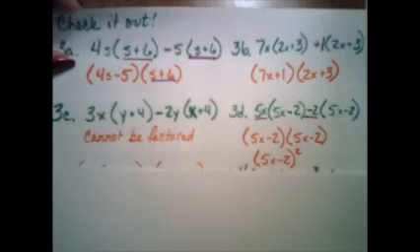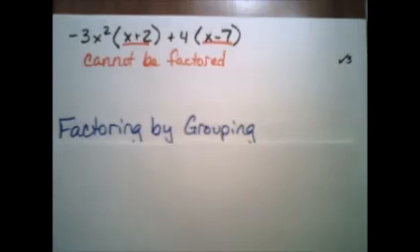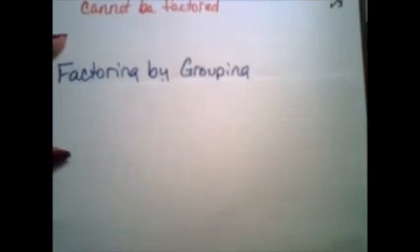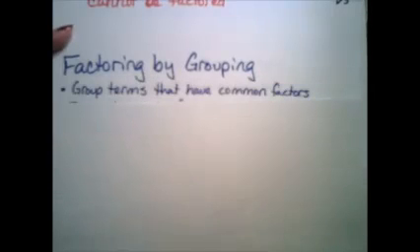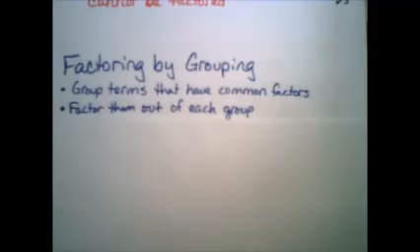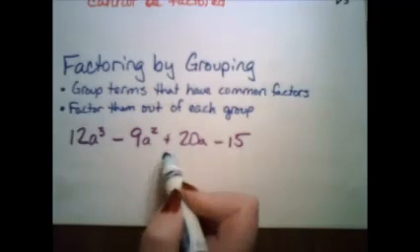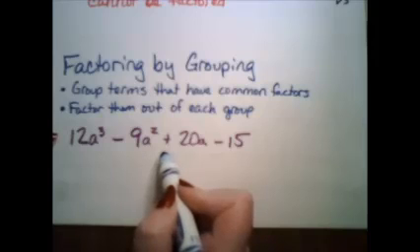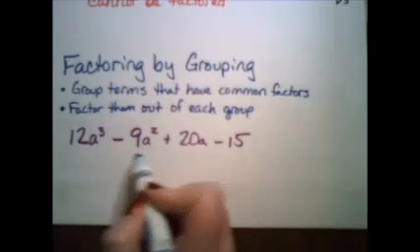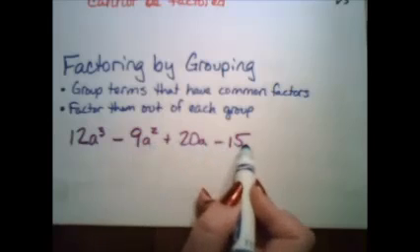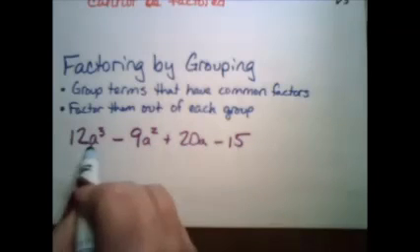Okay? Moving on. The next thing we're doing is called factoring by grouping. We're going to group terms that have common factors, and we're going to factor them out of each group to make them similar. So let's have a look at this big long thing. We are looking for groups, and ideally what we want to do is have the same two things left over, just to give you a clue.